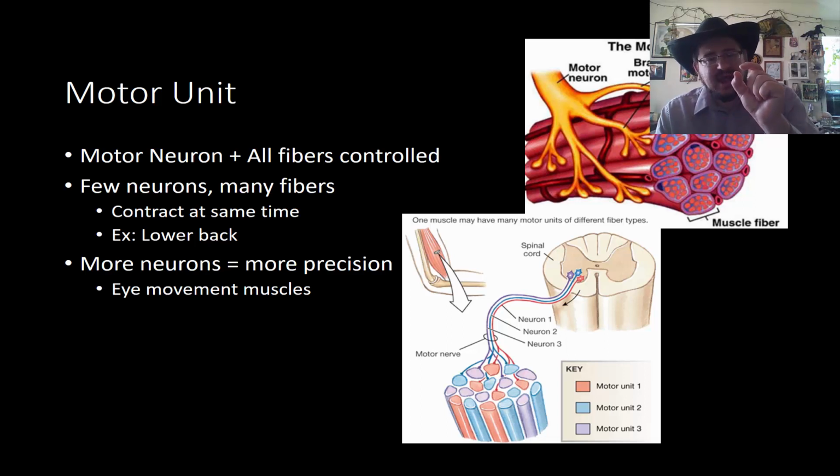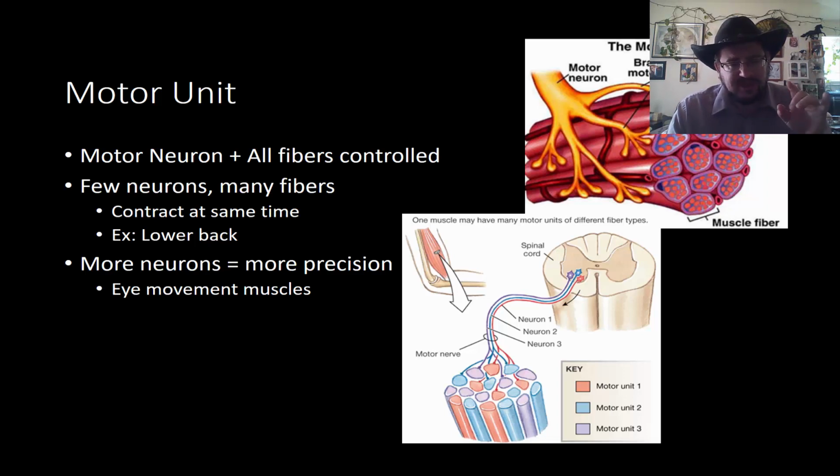Fingers: you have a lot of precision in how much pressure you put on an object when gripping it. That's because you have more neurons in the motor unit. More neurons in the motor unit, more precision. Or, no, wait. That was a terrible way to describe it. More motor units in the muscle, more precision.